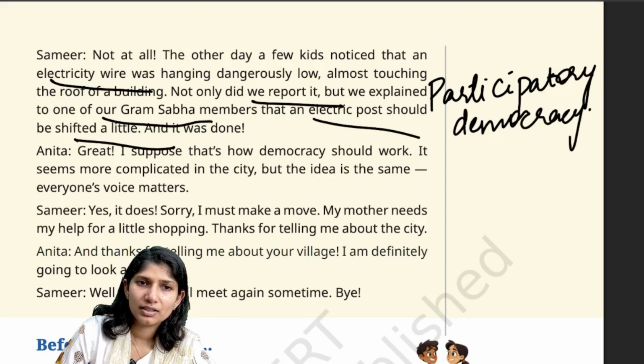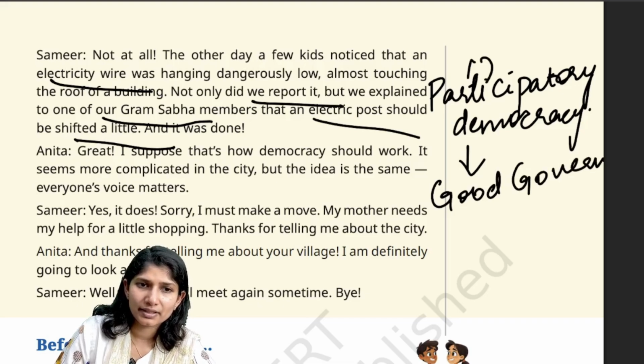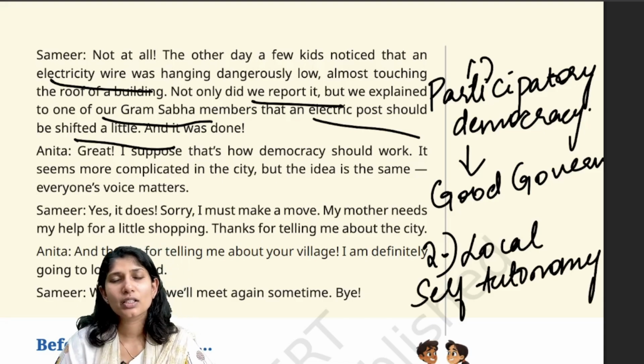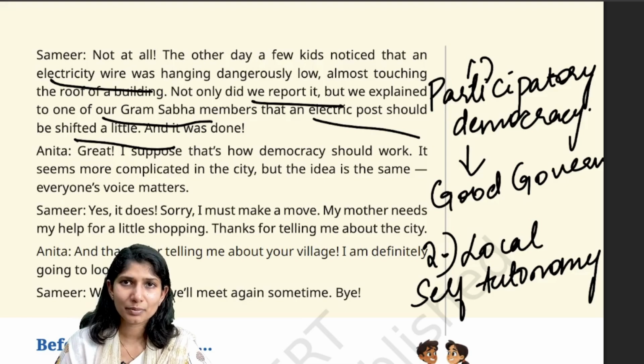Participatory democracy leads to good governance, and if this is the first point, the second point is local self autonomy, which is the most important factor with respect to your local self government, be it urban area or rural area.